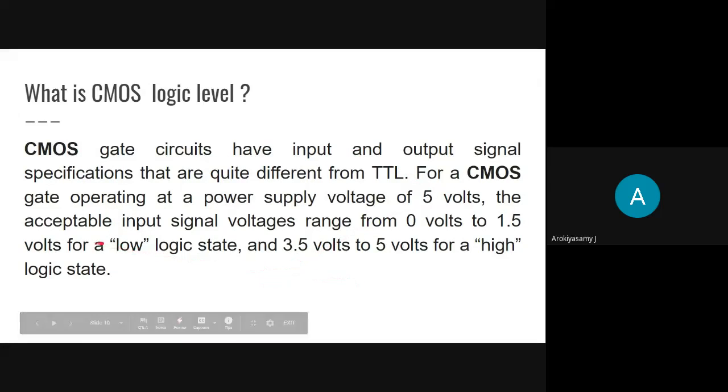So what is the range of CMOS? 0 to 1.5 volts is classified as a low logic level, and 3.5 volts to 5 volts is classified as a high logic state. This is the voltage range in complementary metal oxide semiconductor logic.